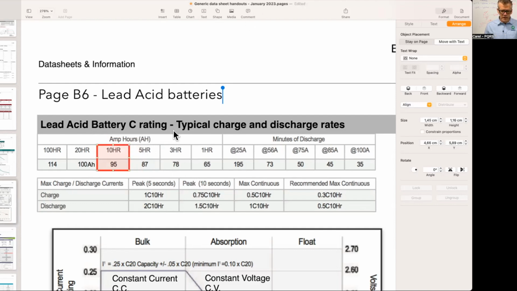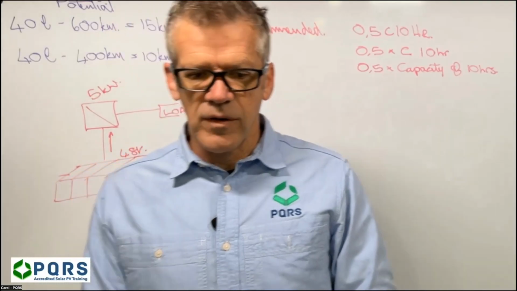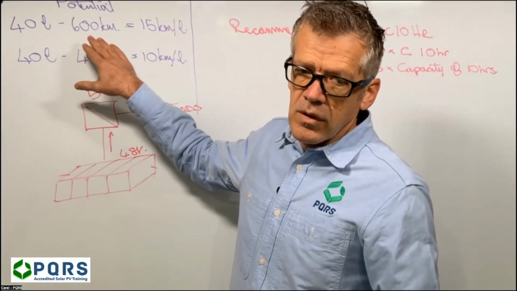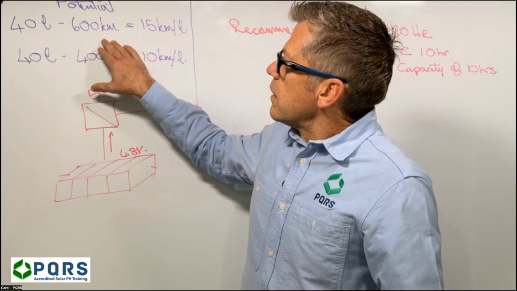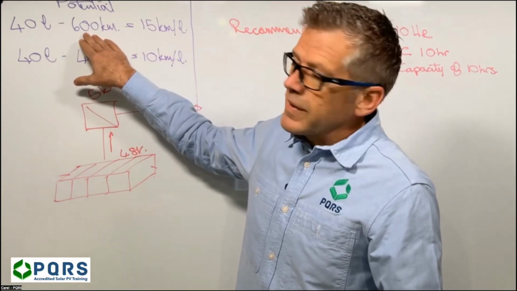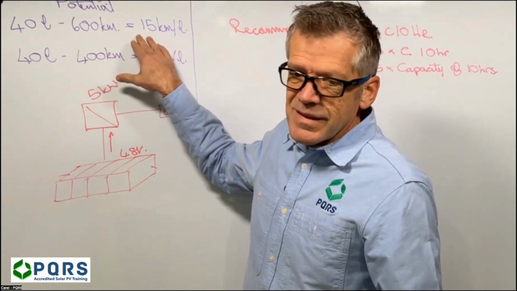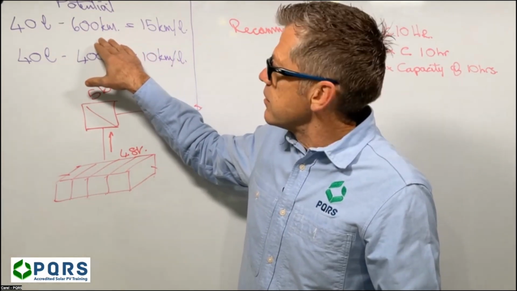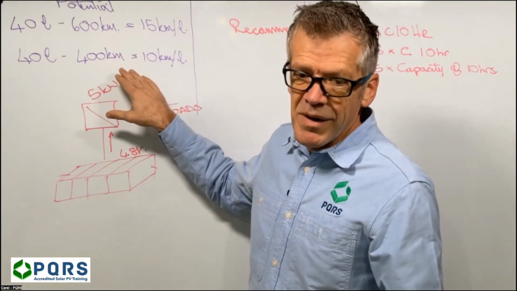So in this data sheet, we can see the same thing mirrored that we saw in the previous one. If I get back to cars, the battery has a specific amount of potential, but the capacity of the battery is determined by how hard we make it work.